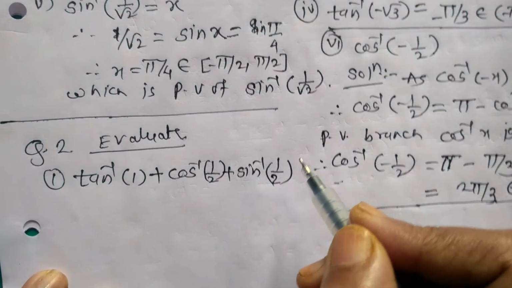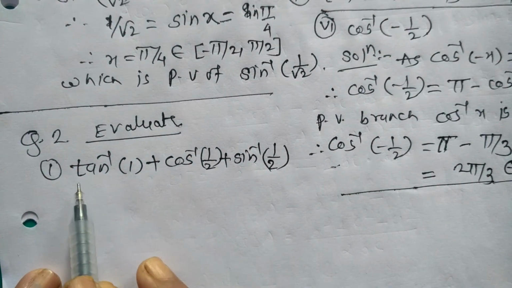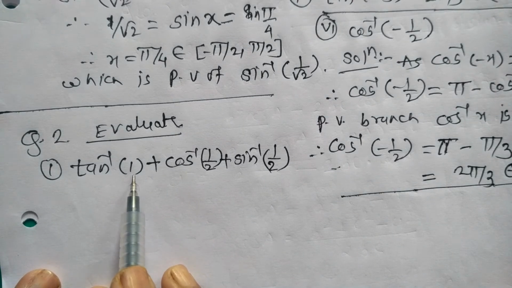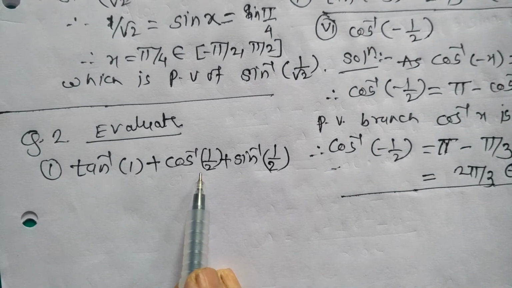Remember that these are standard values: the tangent ratio has value one for the angle pi by 4. The cosine ratio has value 1 by 2 for the angle of 60 degrees, as we saw in the previous example. And the sine ratio has value half for the angle of 30 degrees, that is pi by 6.